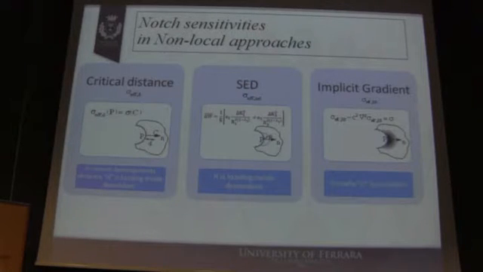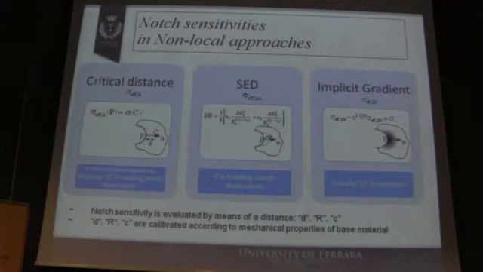Sometimes. The strain energy density has a different definition, and usually the radius R is loading mode dependent. In the usual implicit gradient approach, the constant C is not loading mode dependent.